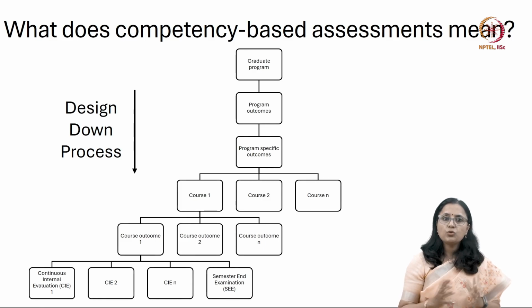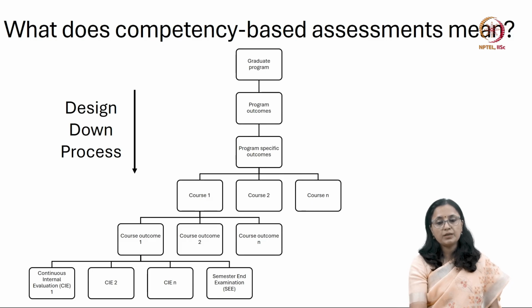Within each course, we try to define course outcomes. And what do course outcomes define? Basically, these are the statements that describe what the students will be able to do at the end of a course.